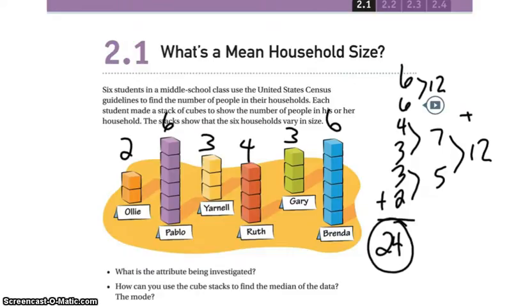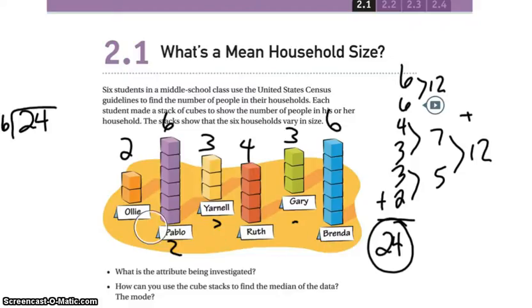Now, to find the mean for this set of information, we need to take the number 24 and divide it by the number of data points. And the number of data points is 6 because there are 6 different people and their houses associated with this.